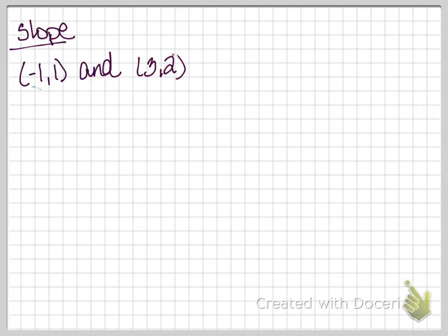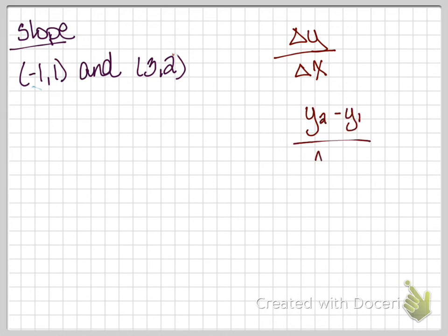Okay, here we go. So what we are going to do now is find the slope of these 2 points. I am going to do change in y over change in x. The other way that you can think about it is y sub 2 minus y sub 1 over x sub 2 minus x sub 1.